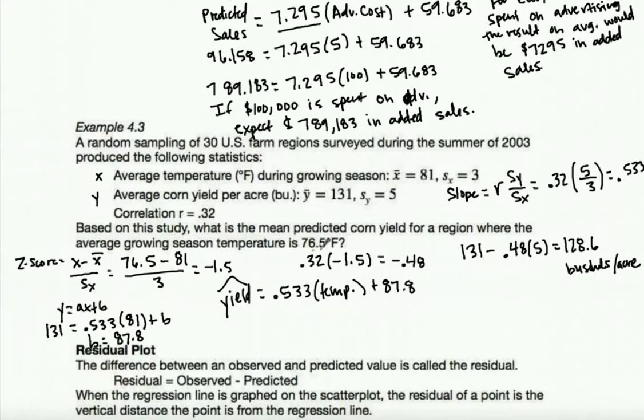The temperature that we're plugging in is 76.5, so you'd say 0.533 times 76.5 plus 87.8, and when you do that, you would find that your predicted yield would be 128.6.